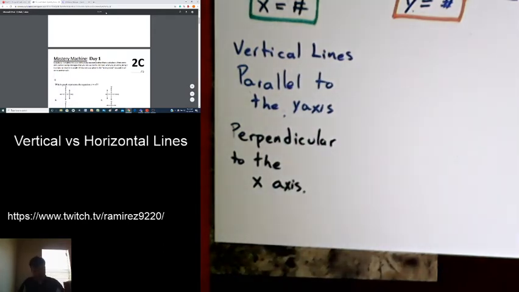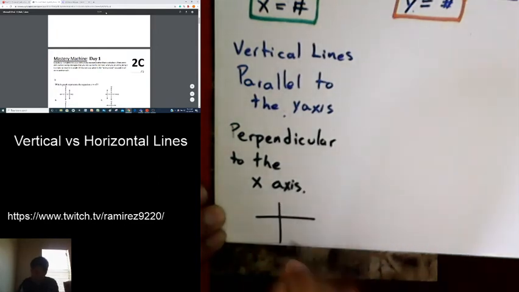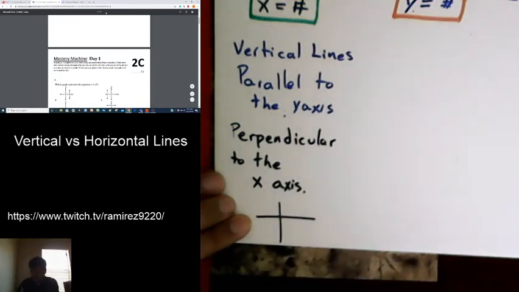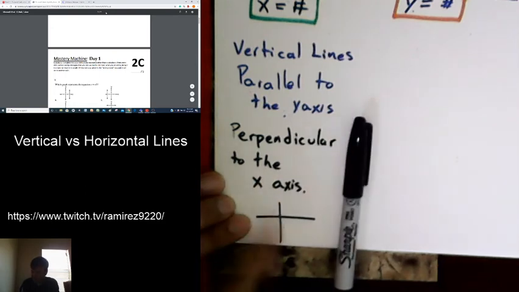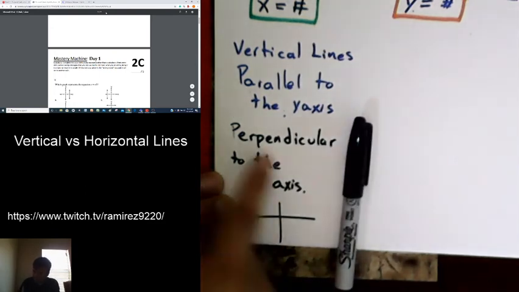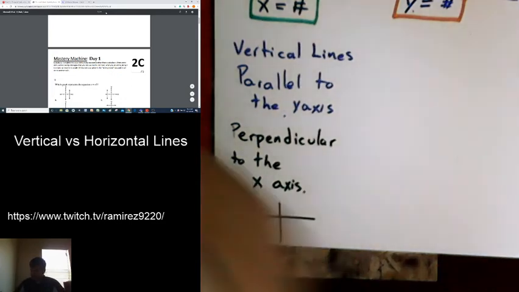Okay, so again, don't forget that. Again, this is your x-axis, and it's anything perpendicular to it. In this case, the y-axis will be a vertical line and whatnot. It's the opposite for the other one.